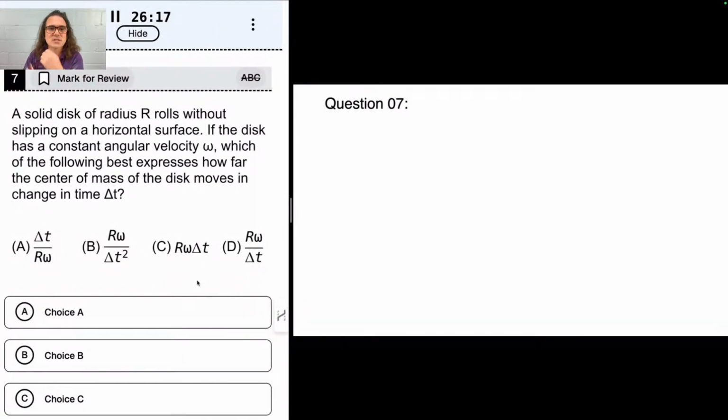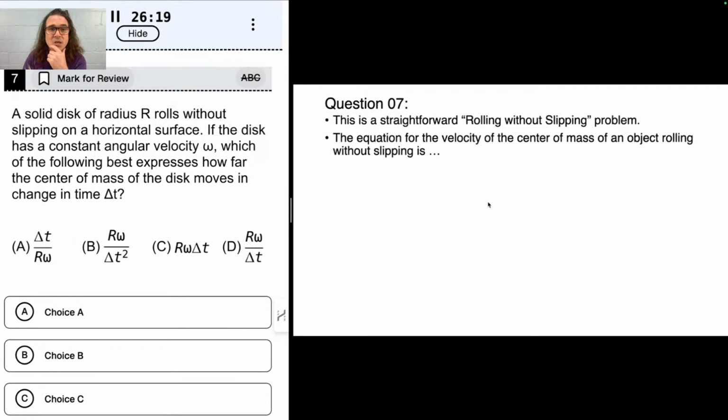All right, so question 7. This is a straightforward rolling without slipping problem. The equation for the velocity of the center of mass of an object rolling without slipping is not on the AP Physics 1 equation sheet, so please be aware of that. There are some equations that just are not on the equation sheet for whatever reason.